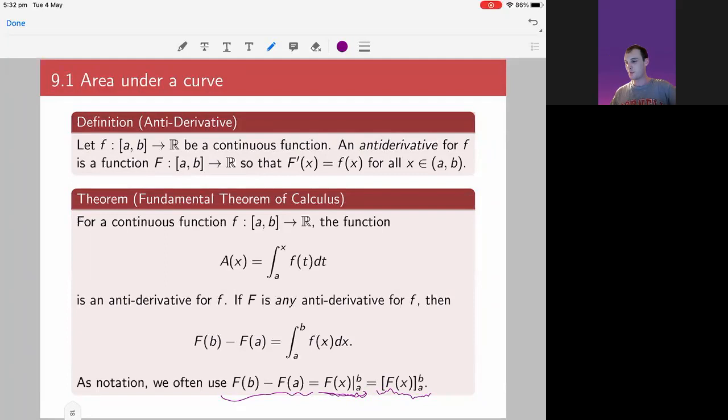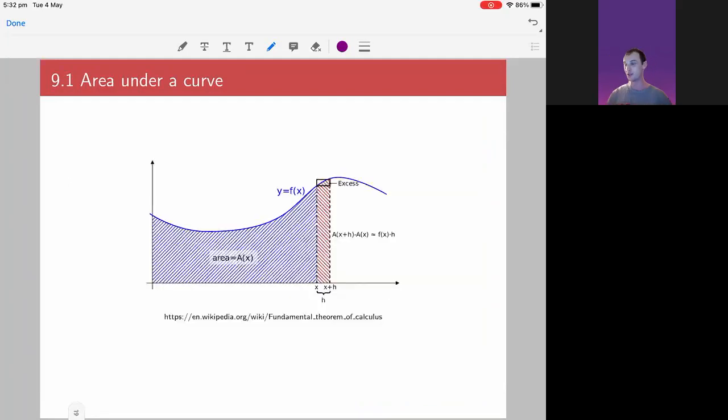So this is that. Now, I've got a whole slide dedicated to a great picture I saw from Wikipedia, of course, which really explains the fundamental theorem of calculus and why it's true.